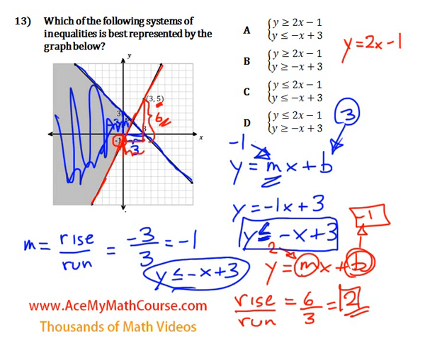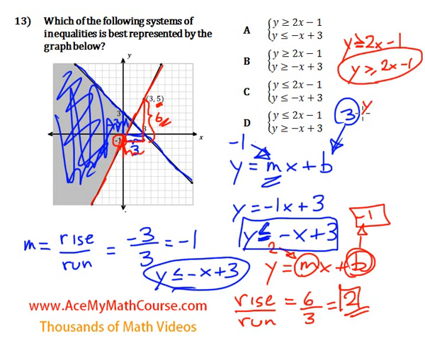But the shaded area is also above, it's over the red line. Since it's over it, we can say y is greater or equal to 2x minus 1. If the shaded area was below the red line, we would have gone the other way.